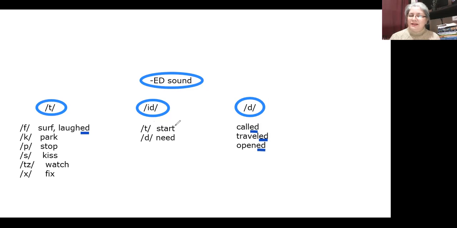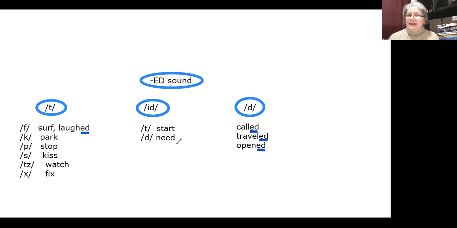What's the past of start? It's started. See that you don't say "started" with a full e, but id. Almost e, but not exactly e, the middle between e and a.